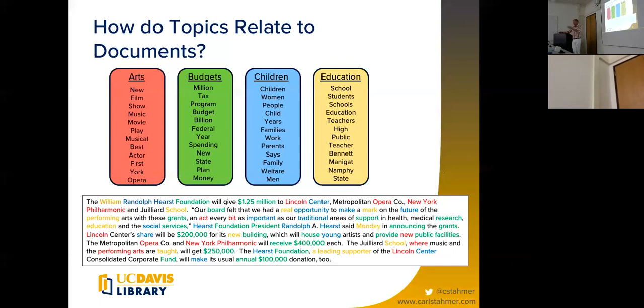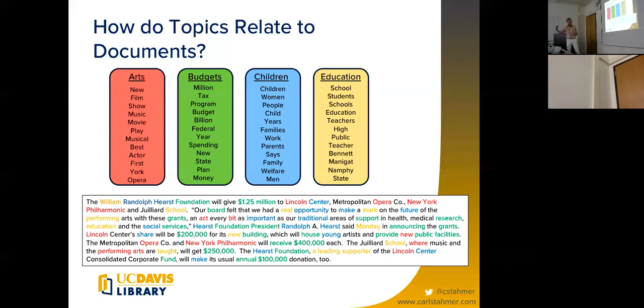Brute-force classification methods lose a lot of subtlety that we need. So topic modeling allows us to go back and say, okay, here I've color-coded all of the matches to the topics to which they belong.